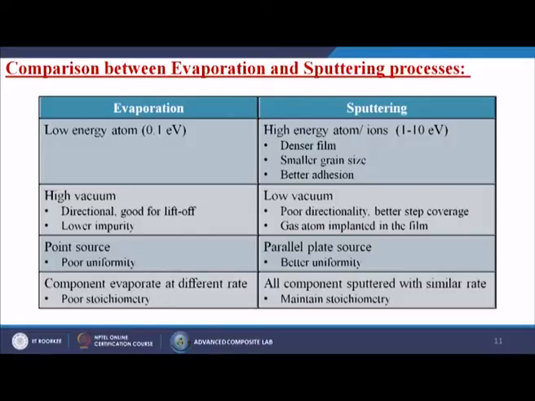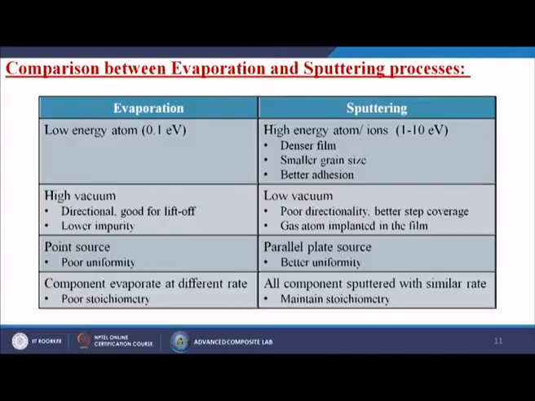It gives a denser film, smaller grain size and better adhesion; these are all advantages of the sputtering technique. For evaporation methods we use high vacuum; it is directional, good for lift off, and lower impurity is possible. In sputtering we can work at low vacuum too. So, poor directionality, better step coverage, gas atoms implanted in the film.